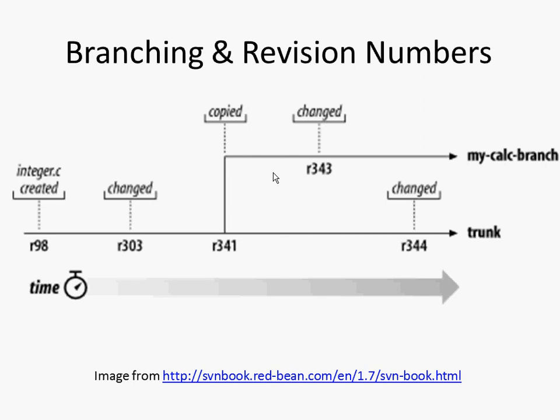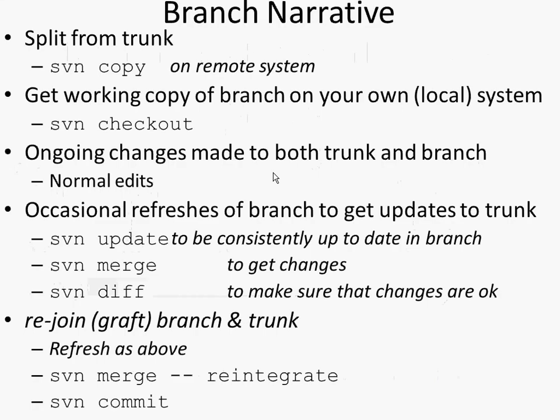So we're going to have work going on here on my side, and work going on by other people on the trunk side. And at some point, we're going to merge it in when my complex number code is ready to be merged in. So this is the basic narrative that we're going to follow. And this is going to be the last we're going to be talking about Subversion for now. So first, we're going to be splitting our code from the trunk.